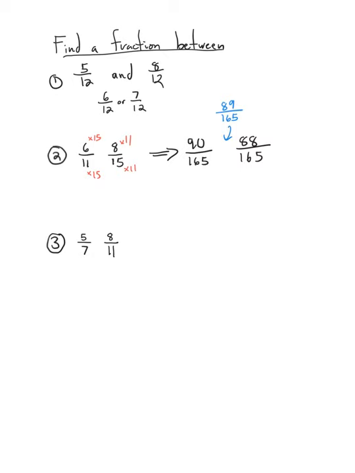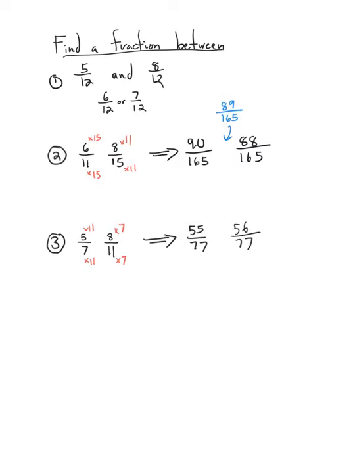Okay, so let's play the same game as above. Multiply top and bottom by 11 on the left and top and bottom by 7 on the right to get fractions with a common denominator. So we get 5 times 11 is 55, 7 times 11 is 77, 8 times 7 is 56, and 11 times 7 is, of course, 77.